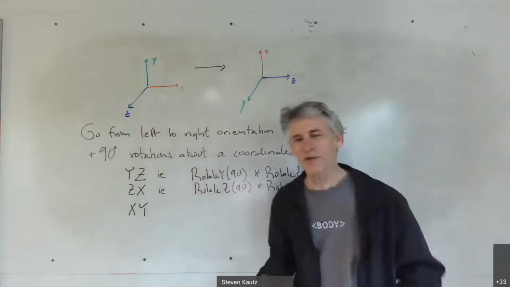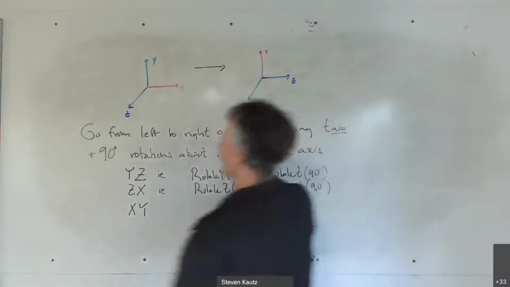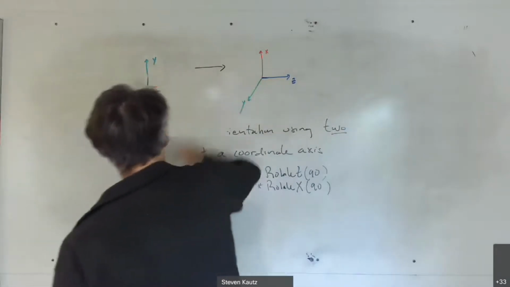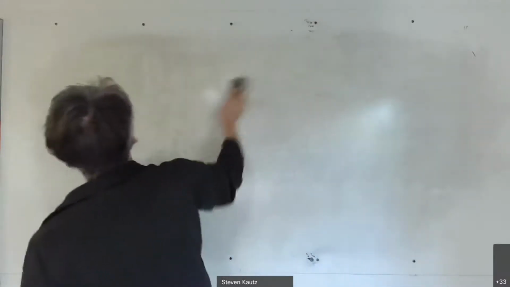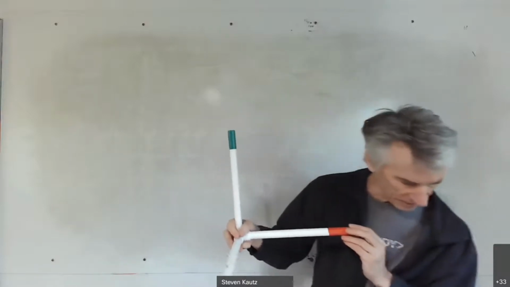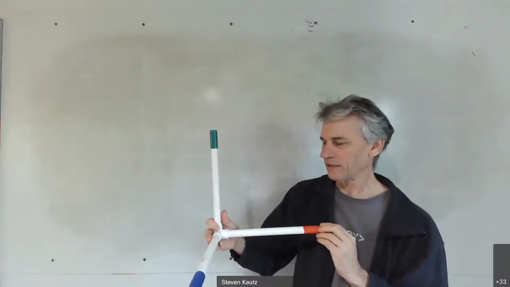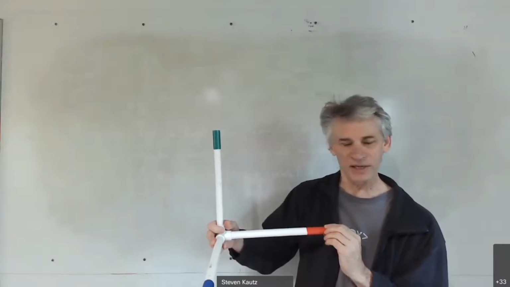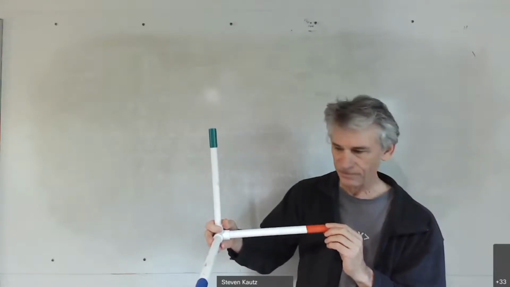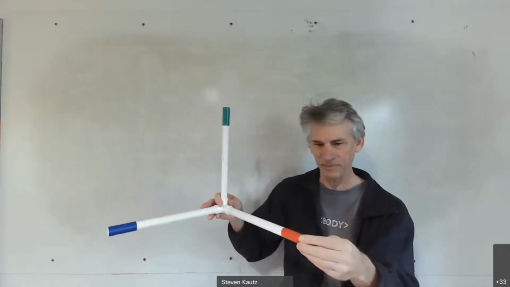Yeah, cool. Let's do another one of these thought experiments with something that is massively harder to picture. So if you start here and you do a negative 45-degree Y rotation, so like this.